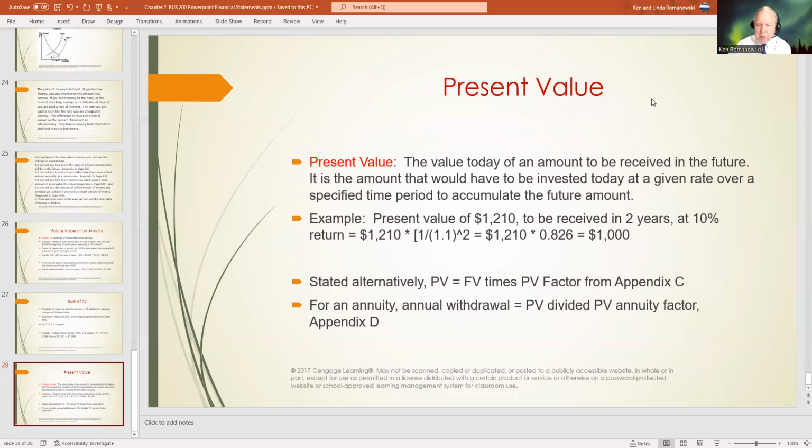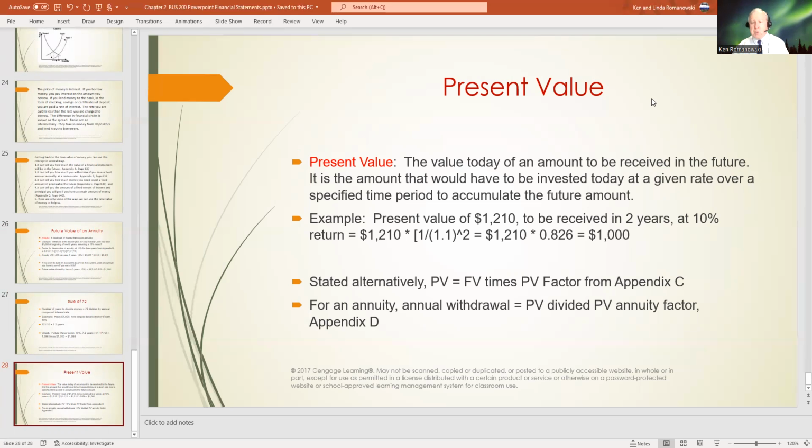We're going to now bring that back to the present value. And in a number of instances, you're dividing instead of multiplying. Okay. And that will get you to the $1,000. That's what the present value is.